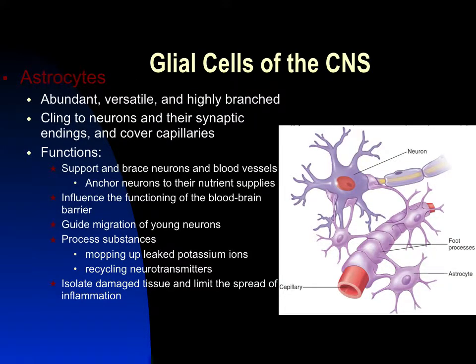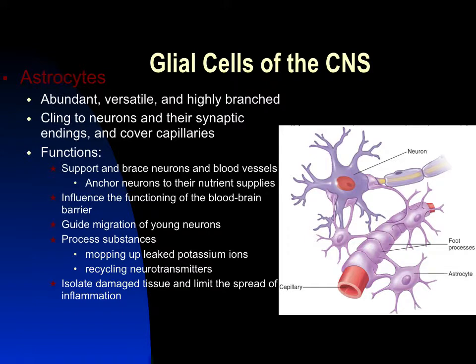Okay, so let's look at some glial cells in the central nervous system. By far the most abundant are the astrocytes. Astrocytes are highly branched, but they're very small. They cling to neurons, they hold them in place. They also surround blood vessels, they form the blood-brain barrier.